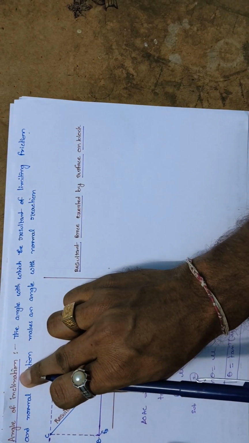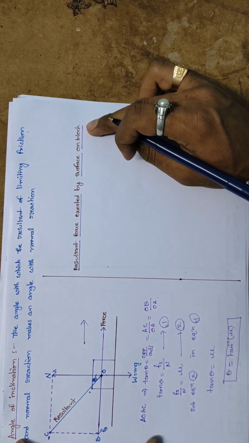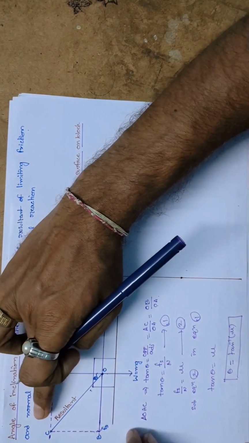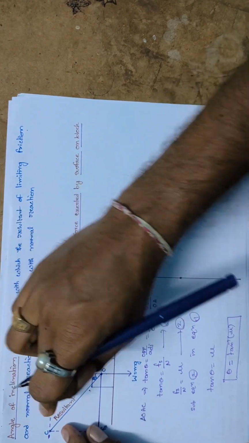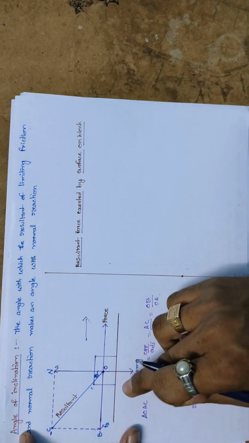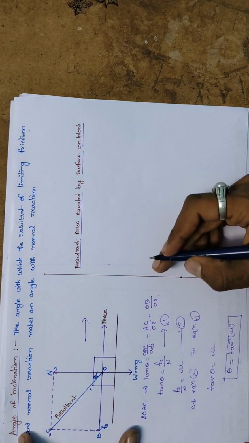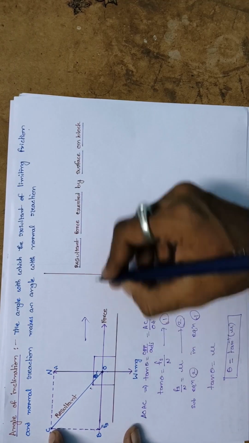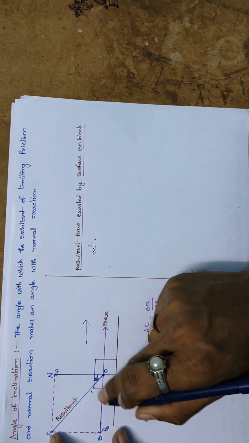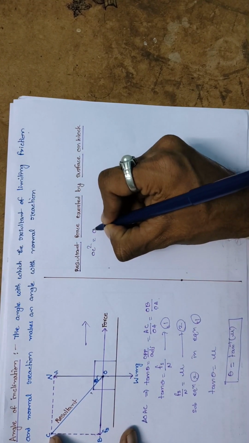In this topic, we can easily calculate the resultant force exerted by the surface on the block. As I told you already, in the parallelogram, this is the resultant. The resultant is equal to the square root of this vector squared plus this vector squared. What is the resultant here? OC. So OC square is equal to OB square plus OA square.